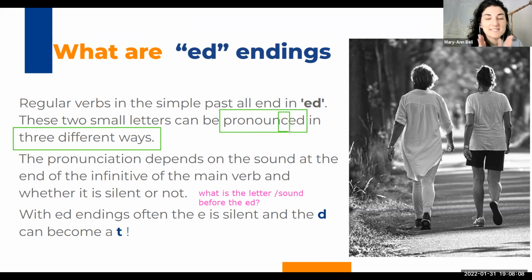Okay, that's the only thing that you need to be looking for to decide which sound you're going to pronounce the ED. So you just need to look at the letter or the sound before the ED in the word. Okay, and then you decide, is it pronounced as a D, a T, or an ID?